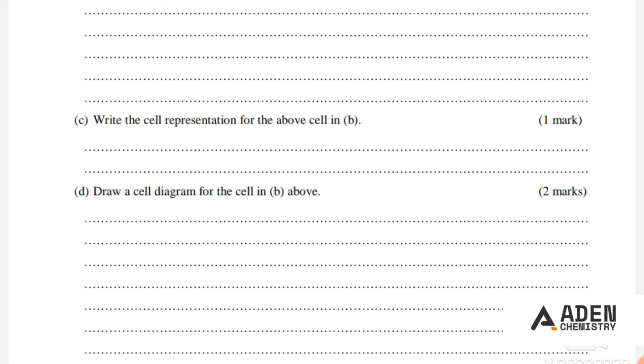So in part C, we are told write the cell representation for the above cell in B. When we are writing cell representation or cell notation or cell diagram, what we are supposed to start with first of all is the most reducing agent. So in our case, the reducing agent between G and M was G. So we're going to have G solid, then slash, that's the phase boundary.